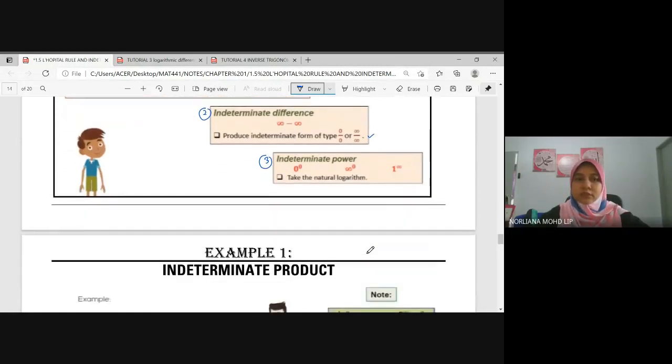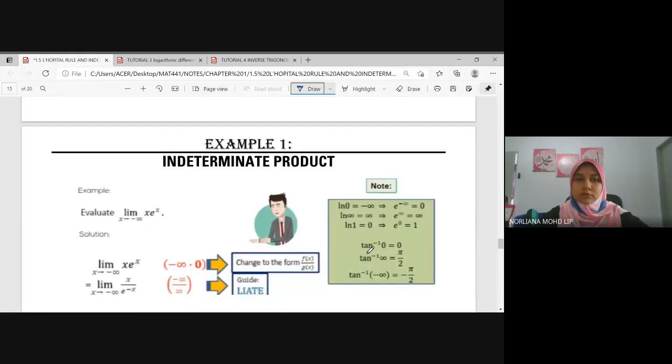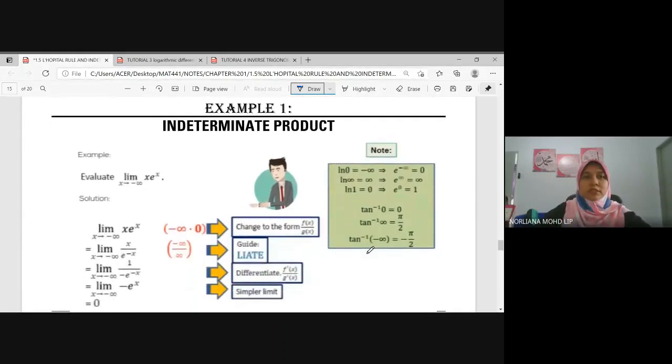Okay, let's look at an example. Example 1. Evaluate the limit of x times e to the power of negative x, where x approaches negative infinity. When we substitute x equal to negative infinity into this function, we get negative infinity times e to the power of negative negative infinity, that is negative infinity times 0.